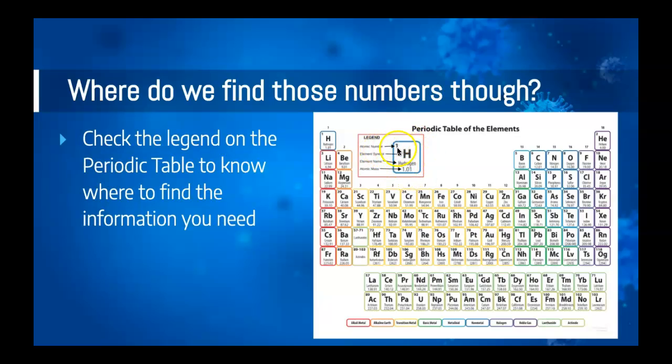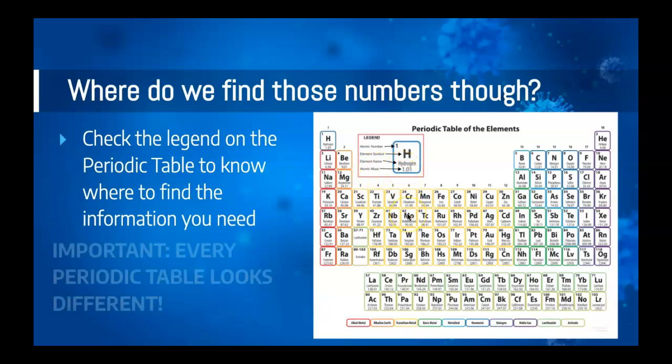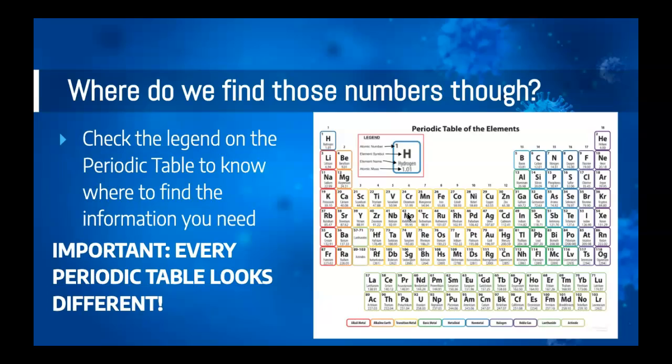So up in the top left corner, we have the atomic number, and then we have the element symbol, and then we have the element name, and then we have the atomic mass. Now, here is a very, very important piece of information. Every periodic table looks different. The numbers move. All right, so this particular periodic table has the atomic number up in the top left corner, and it has the atomic mass here.